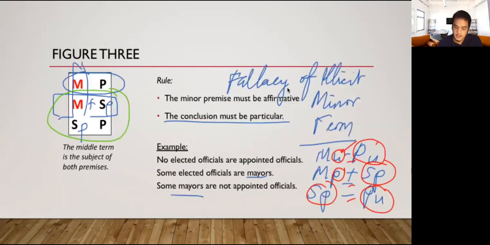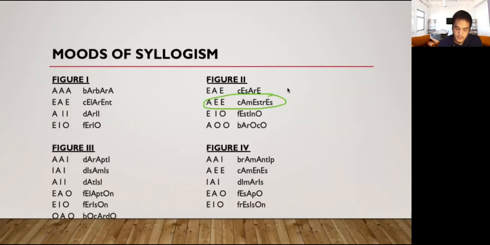Figure 3, we have E, I, O. Some mayors are not appointed. We have EIO in figure 3. And that is Ferison.